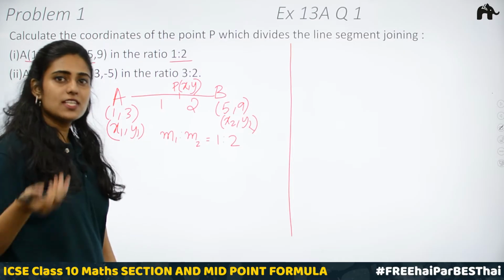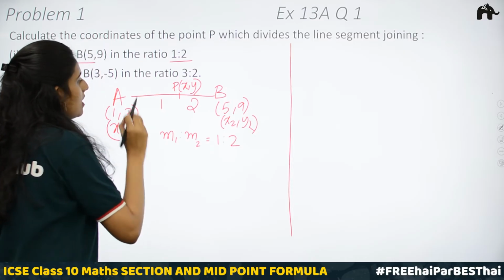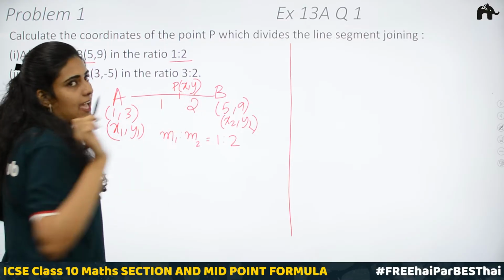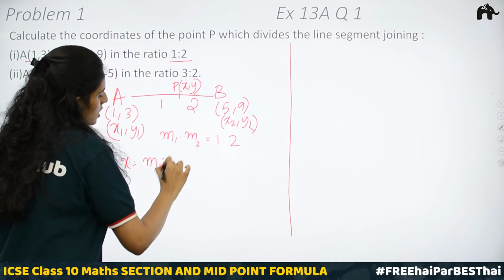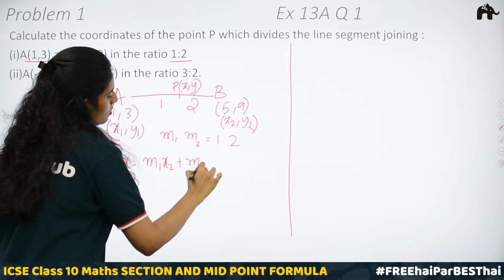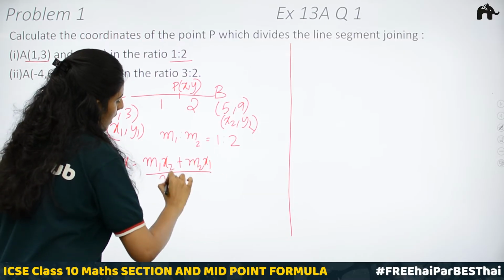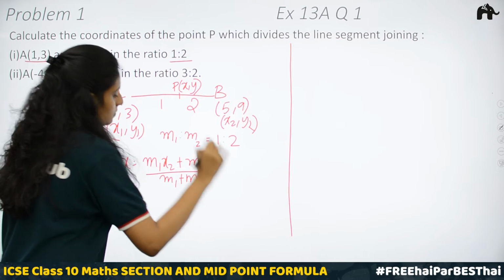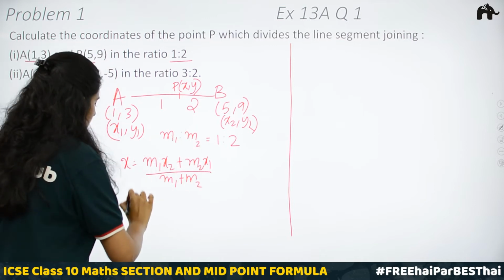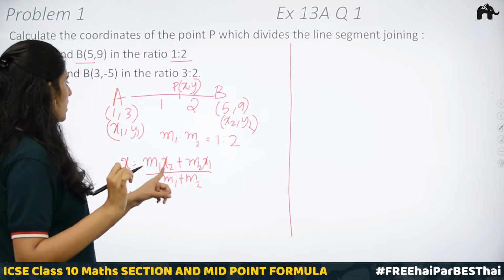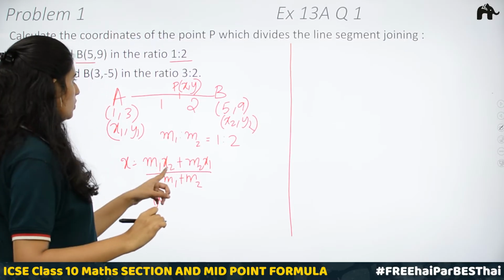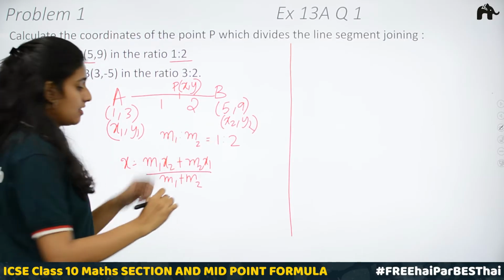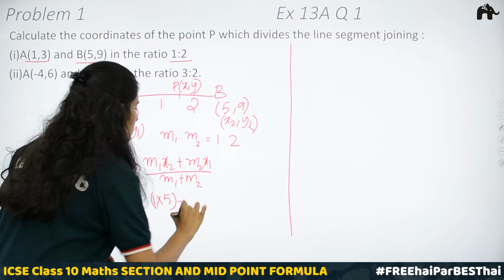Now you can use the section formula to find what the coordinates x and y are. To find x, x is equal to M1 x2 plus M2 x1 divided by M1 plus M2. Now put the values. x is equal to M1 x2. Here M1 is 1 into x2. x2 is equal to 5, plus M2 x1.